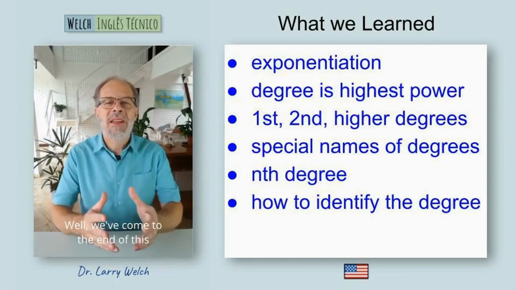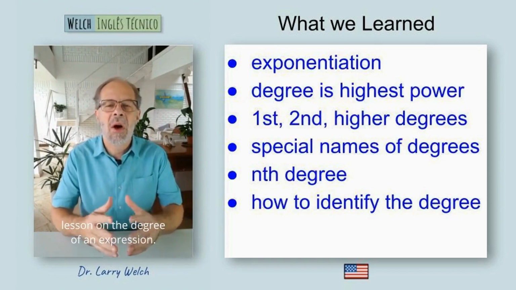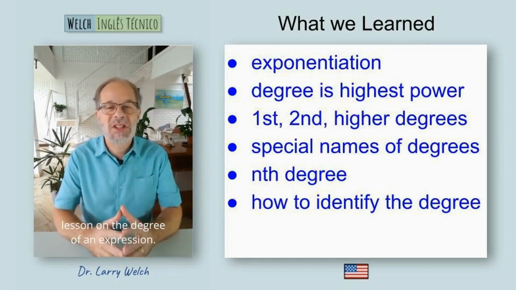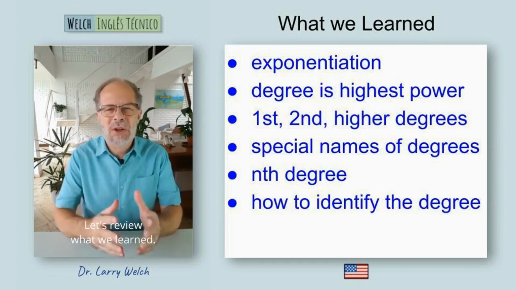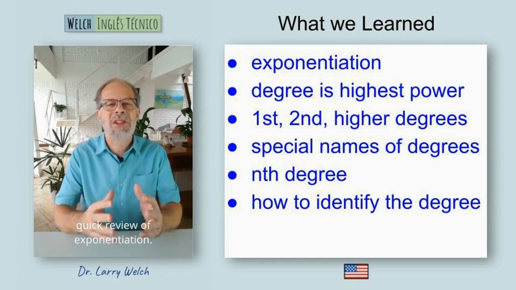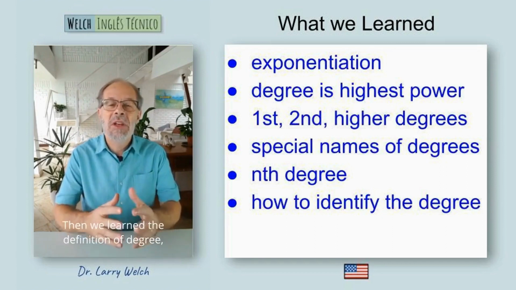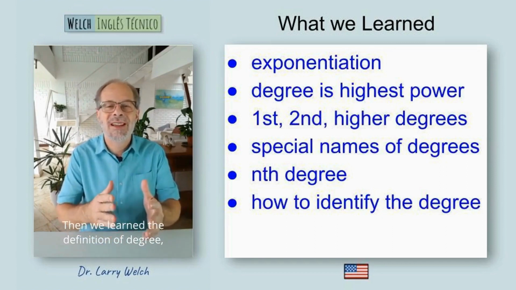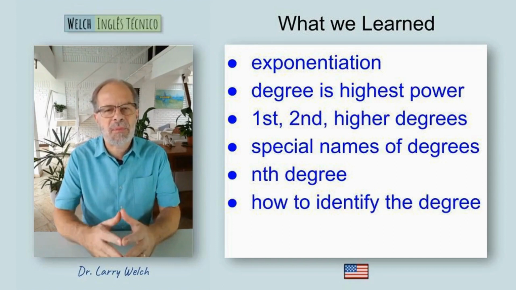Well, we've come to the end of this lesson on the degree of an expression. Let's review what we learned. Well, first, we did a quick review of exponentiation. Then we learned the definition of degree. And we spoke about the first and second and higher degrees.